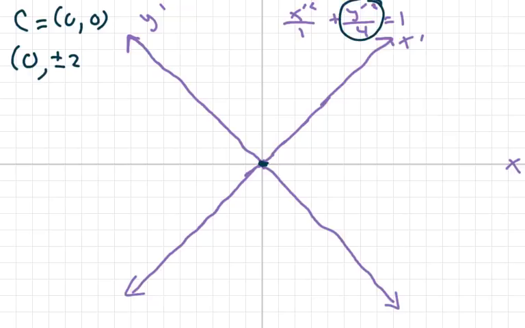So from the y, I'm going up 2, down 2, and on the x, I'm going up 1 and down 1. And then I'm going to try to draw this ellipse. So there it is. Alright, so there's your ellipse, rotated 45 degrees.